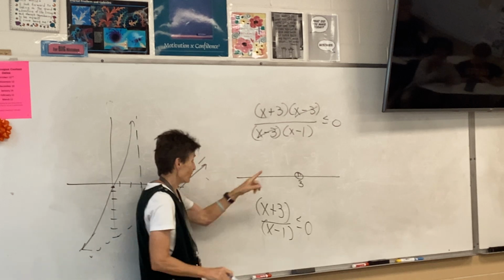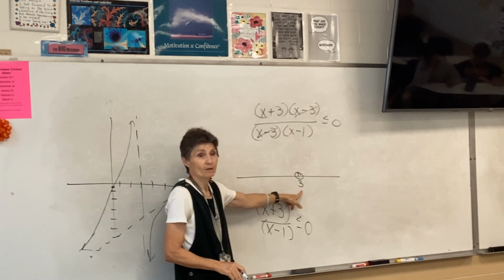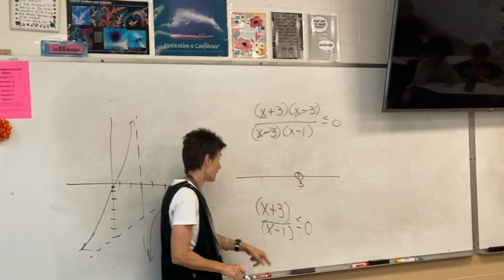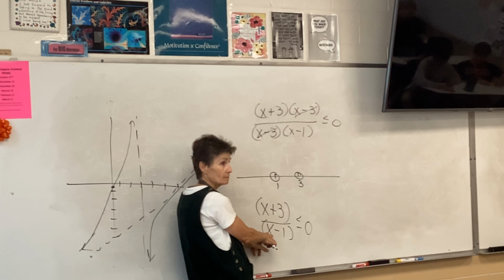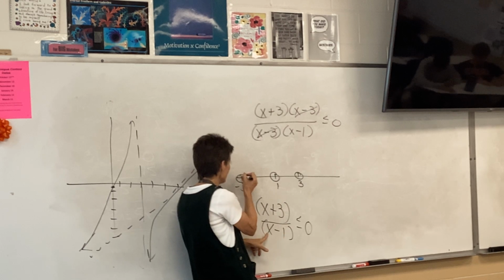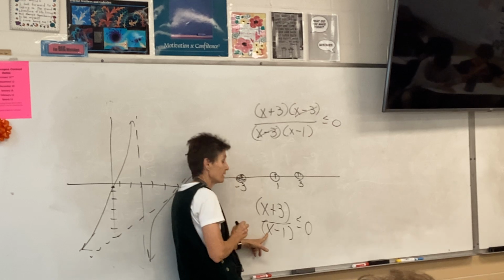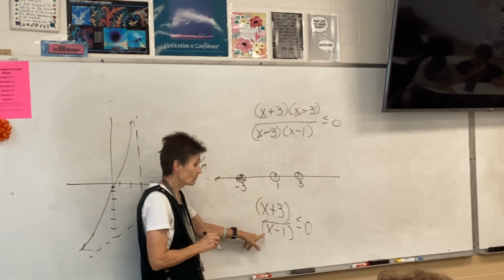No. So that's gonna be an open dot on the number line. You're gonna have another open dot on the number line at 1, and a closed dot on the number line at -3. Everybody okay with that?